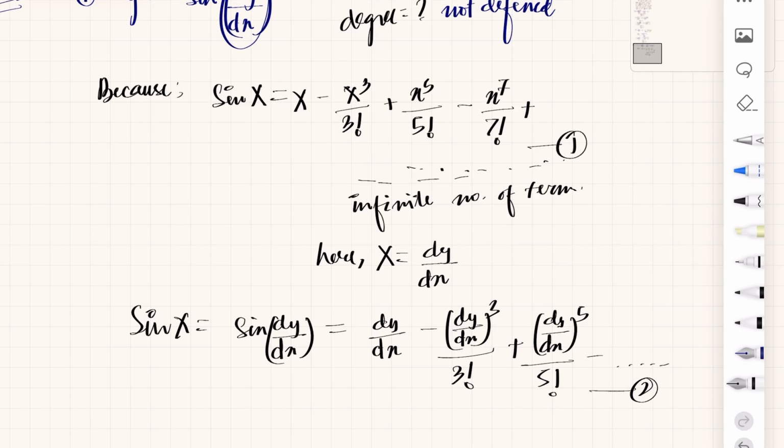The same here, this equation is also an infinite term expression.